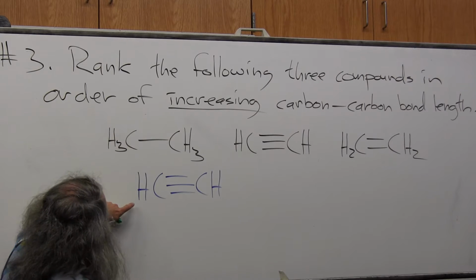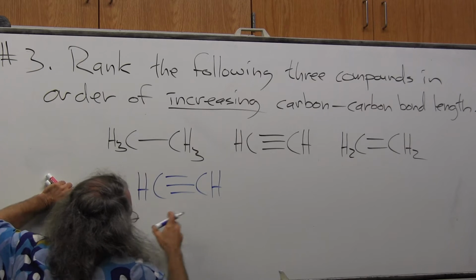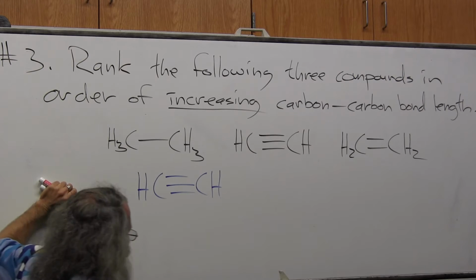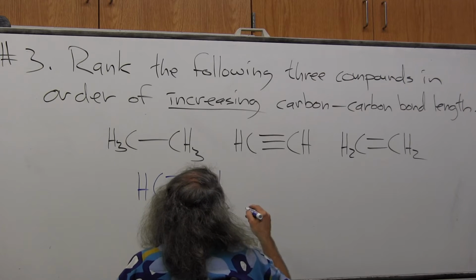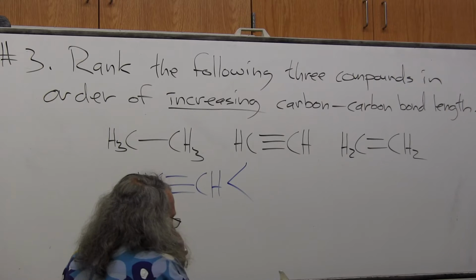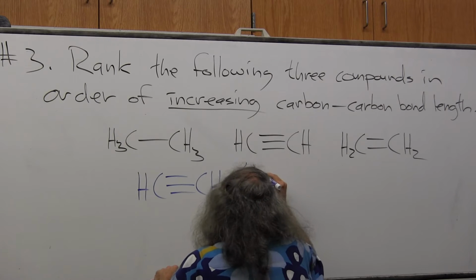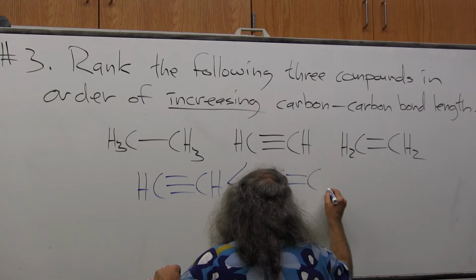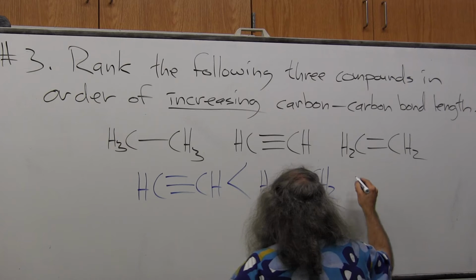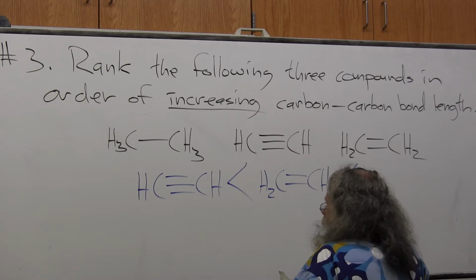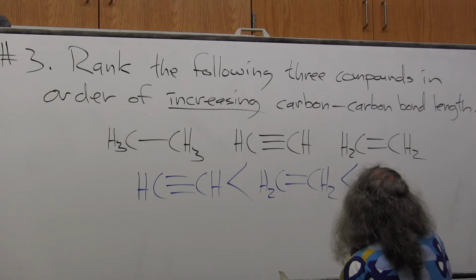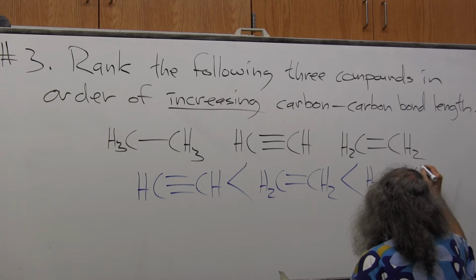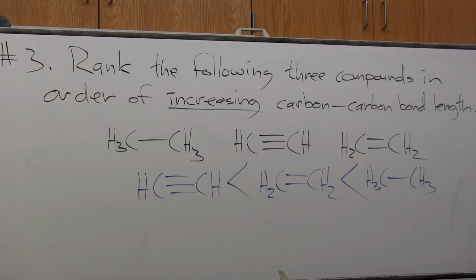I would depict it with the carbon-carbon triple bond first, writing it in the same way it was written on the test, is shorter than or less than the double bond, which is going to be H2C double bond CH2, which is again shorter than the single bond of ethane, which is H3C single bond CH3 in our notation.